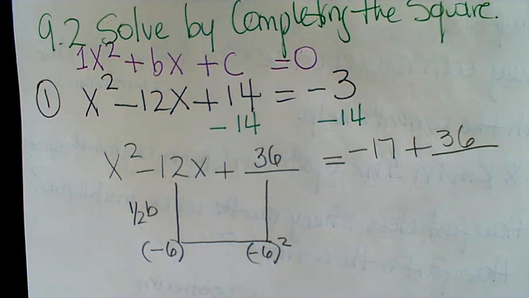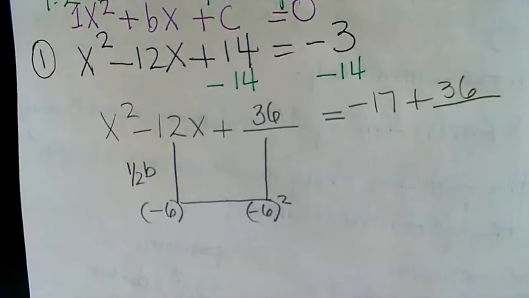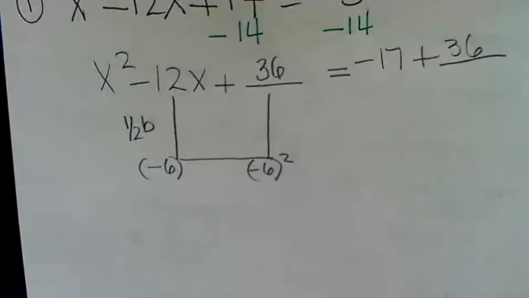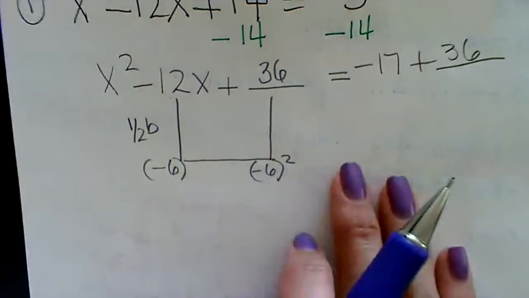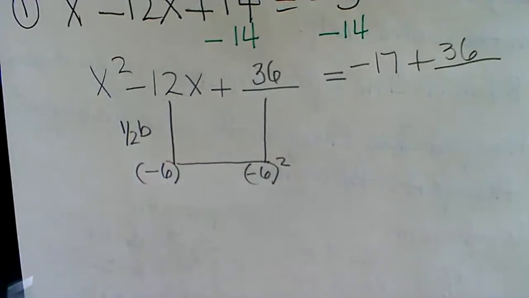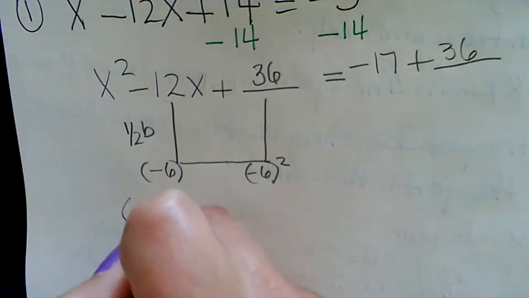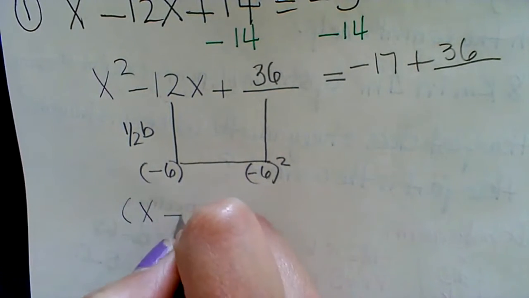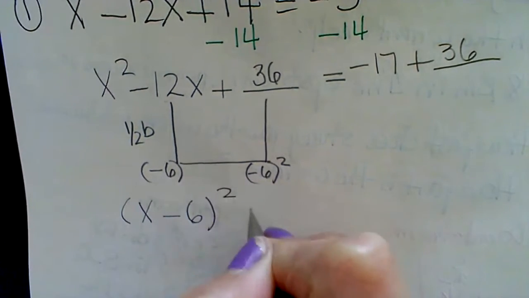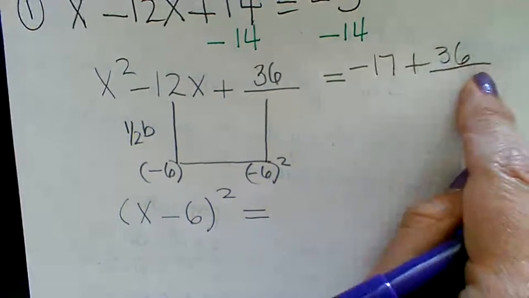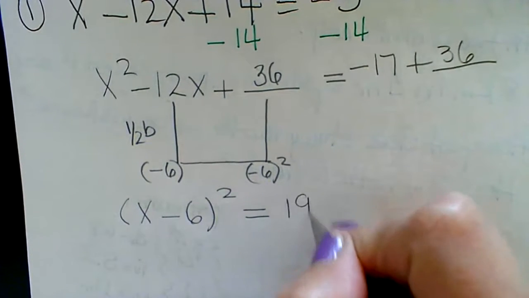Now, what do we need to do? We can ask ourselves this question. How can I write this as a perfect square? This one. Okay. X minus what? Remember, that's what I told you to remember, this one. On the other side, -17 plus 36, that's 19.